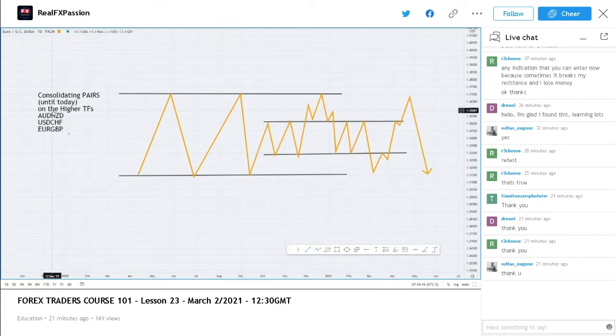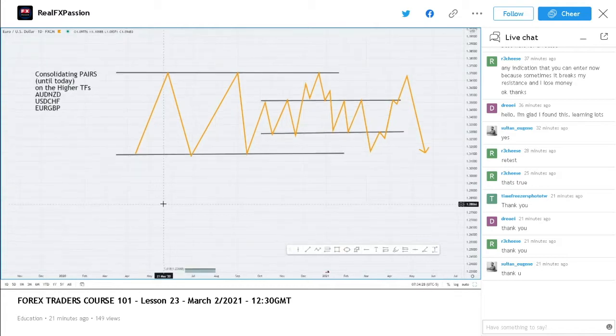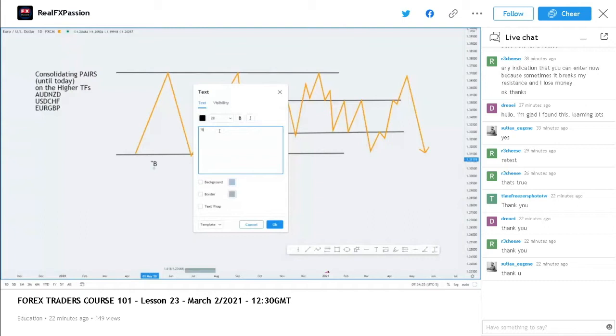AUD, NZD on the monthly chart, weekly chart, USD, CHF on the monthly chart, weekly chart, Euro, GBP on the monthly chart, weekly chart. So we have the bigger consolidation, sideways movement, channel if you want.